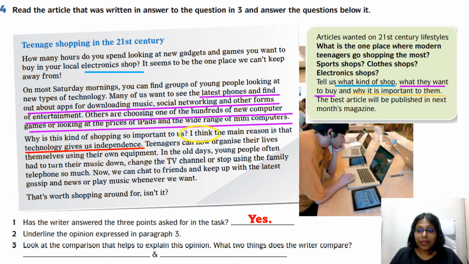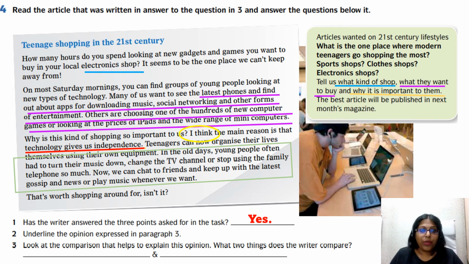Let's look at number 3. Look at the comparison that helps to explain this opinion. What 2 things does the writer compare? Let's look at this green box. If you look at that paragraph in the green box, in the old days, young people often had to turn their music down and stop using the family telephone so much.